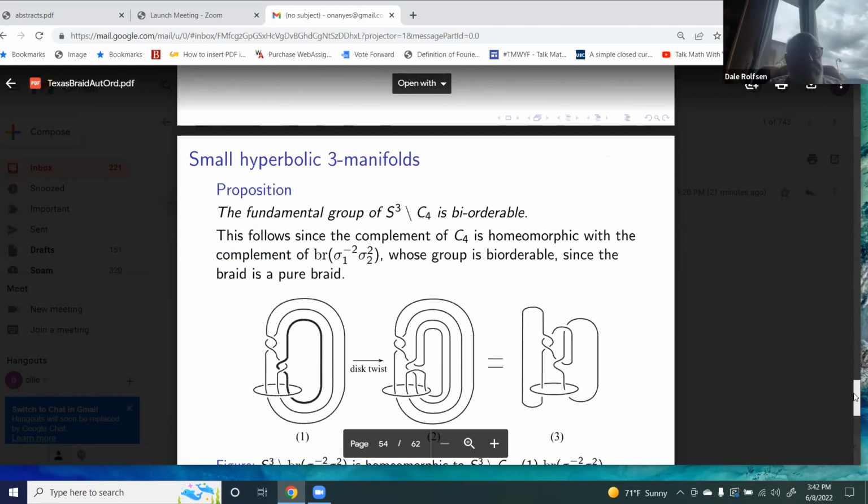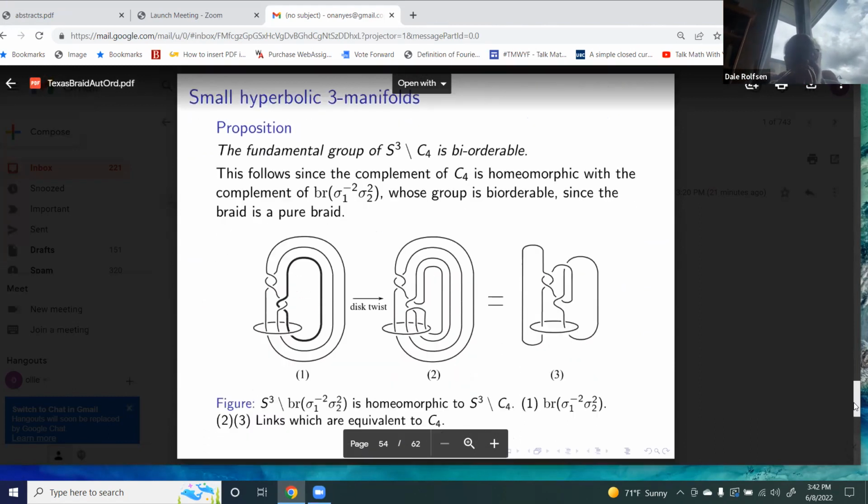Right. So if you look at the braid sigma 1 to the -2, sigma 2 squared, its braided link is pictured on the right, number 1. If we do a disk twist on that darkened component, you get something which turns out to be that 4 chain.